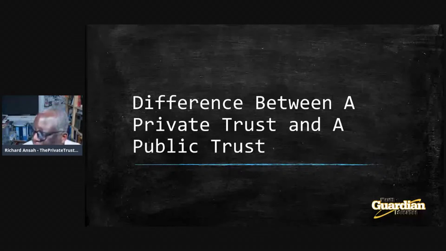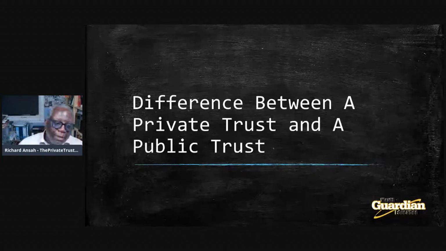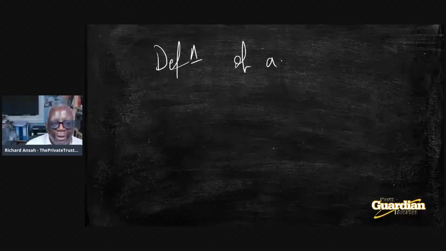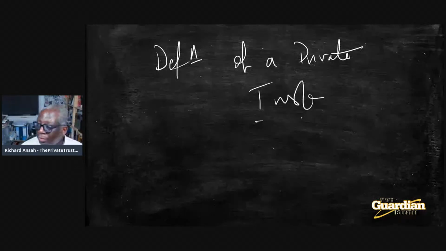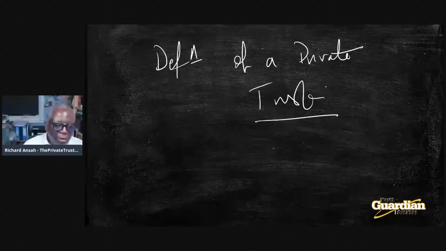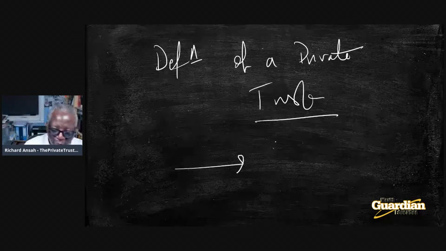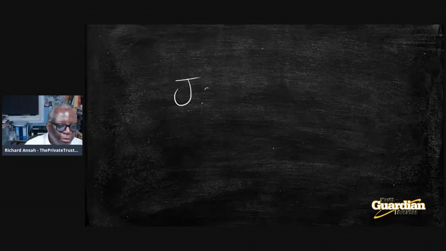Right, okay. Private trust, public trust. My definition of a private trust, and this might surprise you all, is that it's all about jurisdiction.